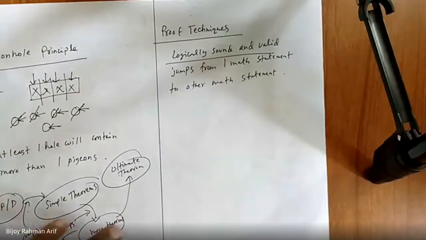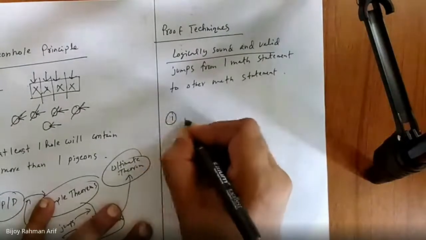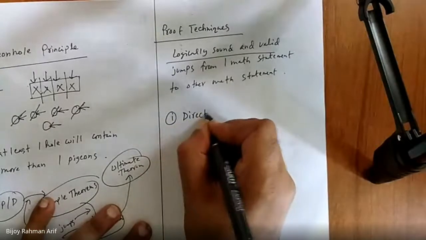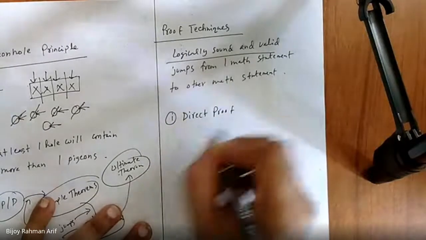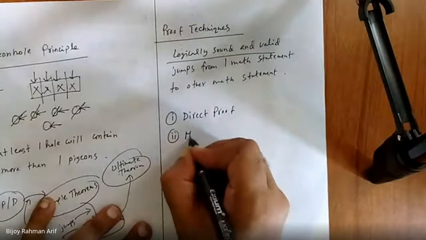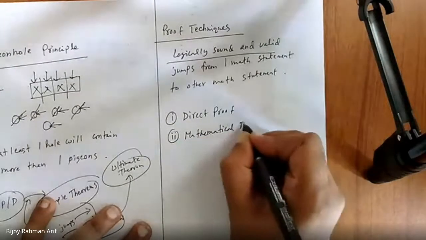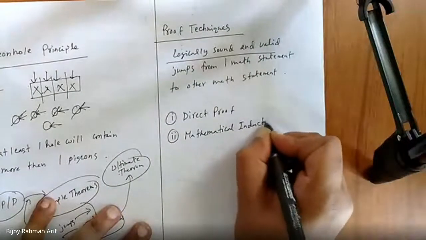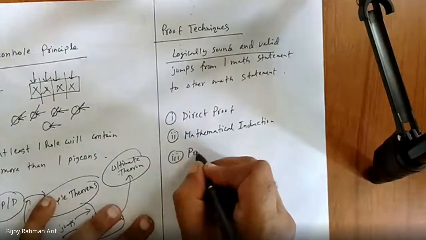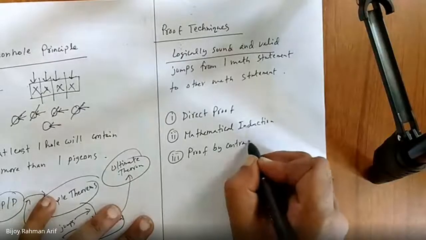So let me give you the examples. The first one is called direct proof. Second one is called mathematical induction. Third one might be called proof by contrapositive.